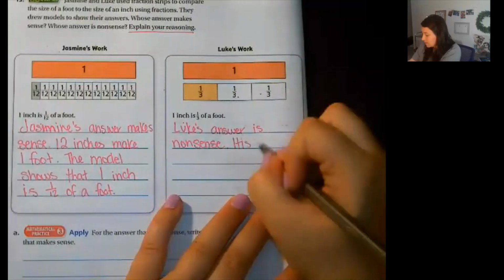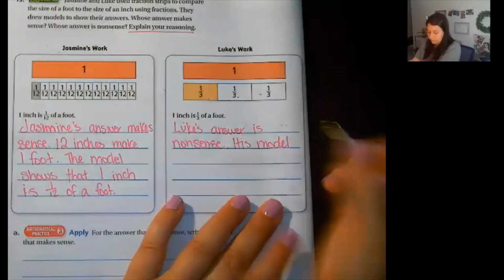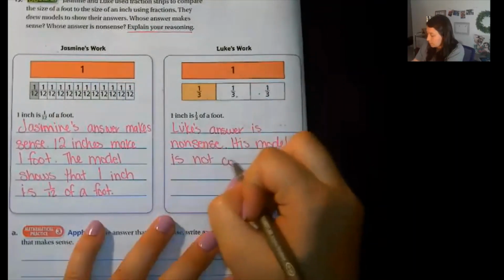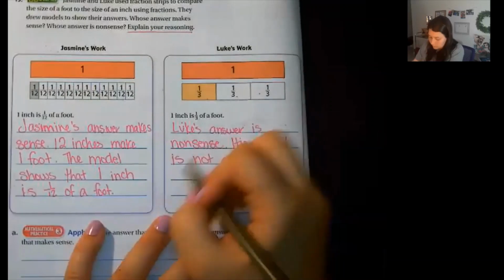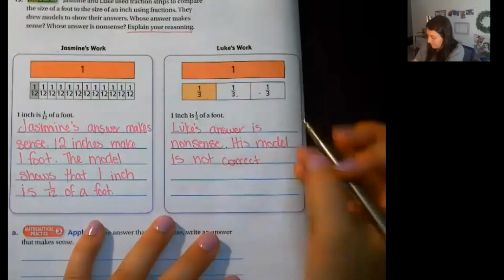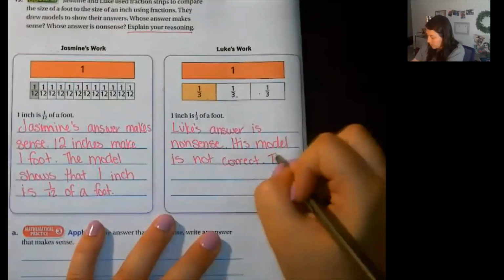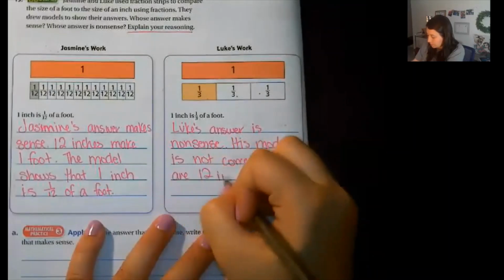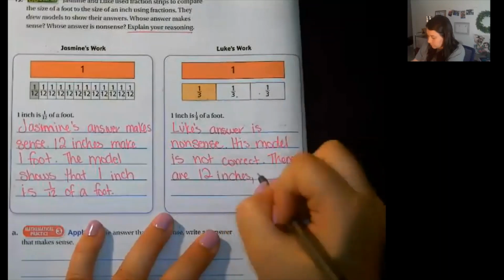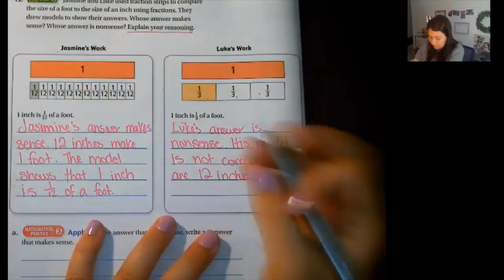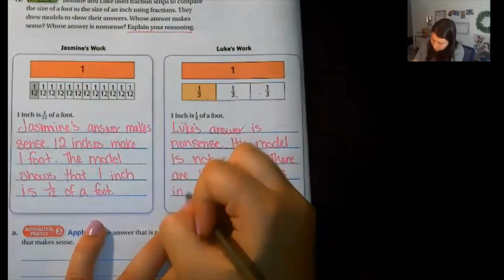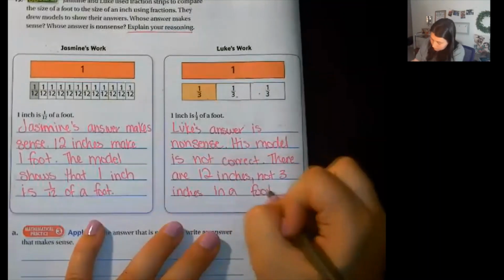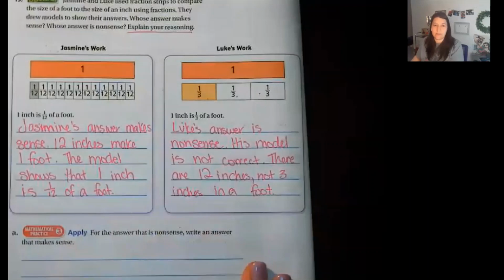So his model is not correct. There are 12 inches, not 3 inches in a foot. Okay, he didn't give us enough inches to make our foot.